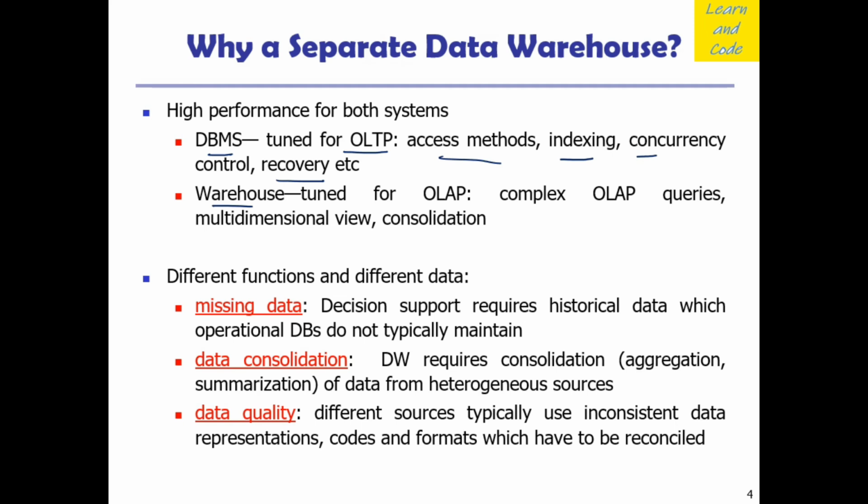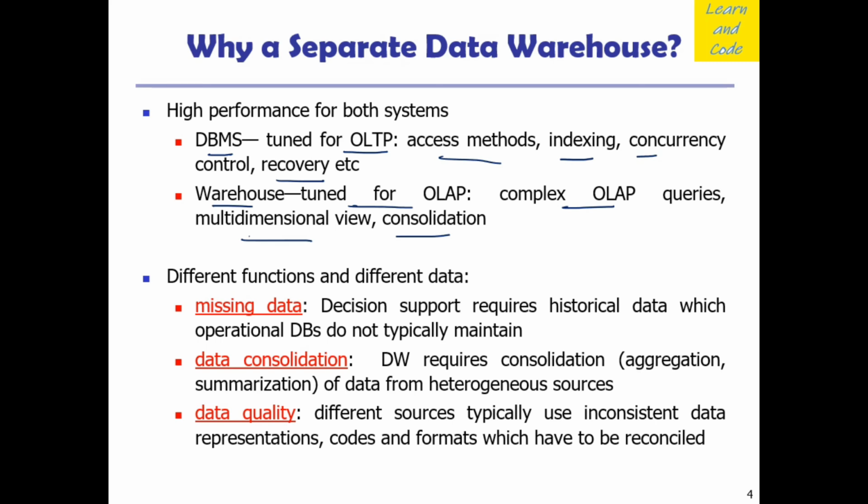So all these properties are being dealt with in case of databases, right? But in case of data warehouse, it is tuned for analytical processing, and it generally has complex OLAP queries. Then a multi-dimensional view of the data should be there, and consolidation of data should be there from various heterogeneous sources, right?